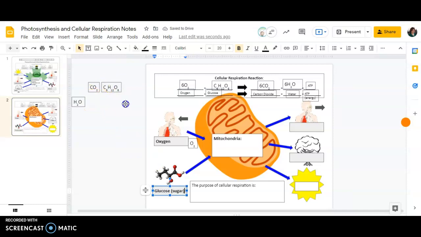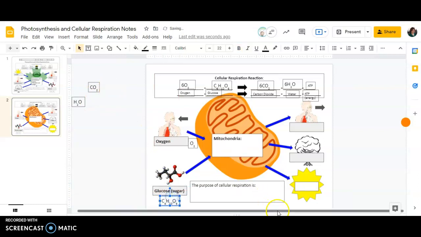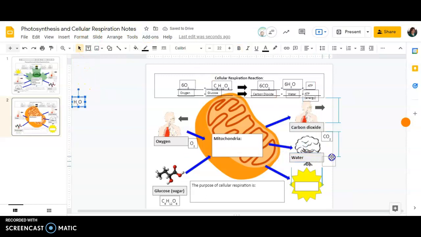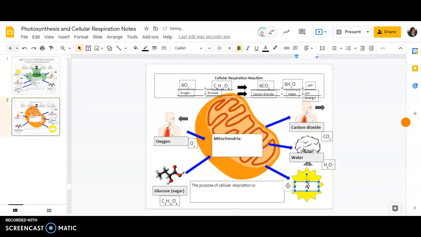And that is C6H12O6. We're going to undergo cellular respiration. We're going to make carbon dioxide, CO2, and water, which we know is H2O. And we are making ATP, which is energy.